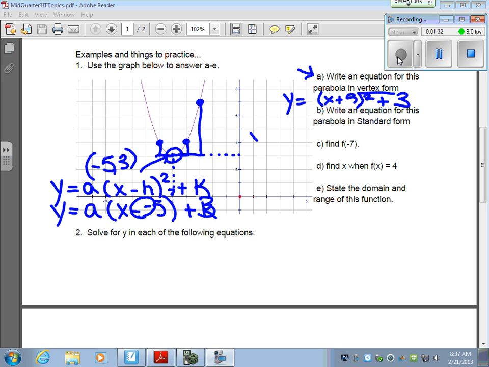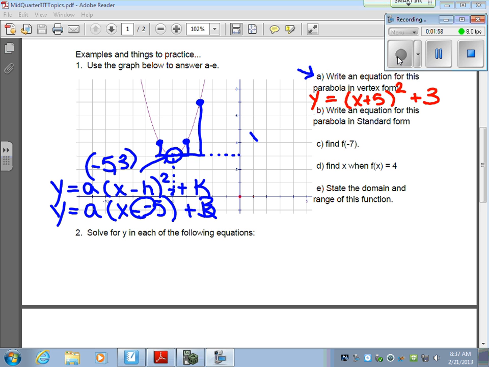So there's my equation. Let me write that a little bit nicer. The equation is y equals 1 times x plus 5 squared plus 3.